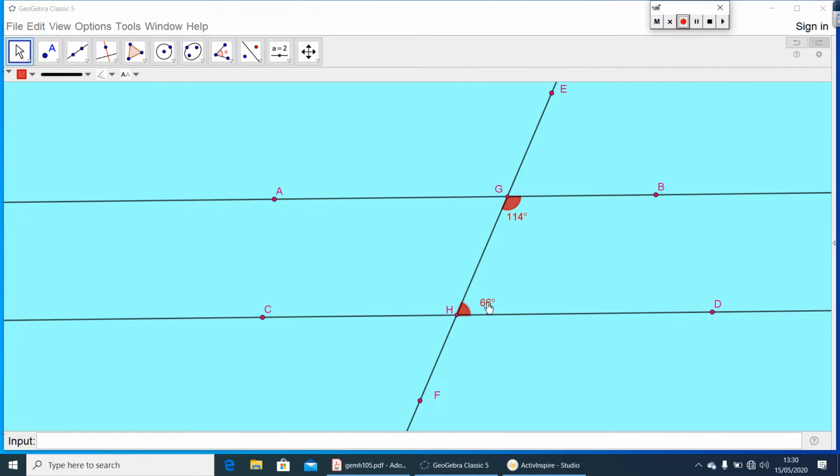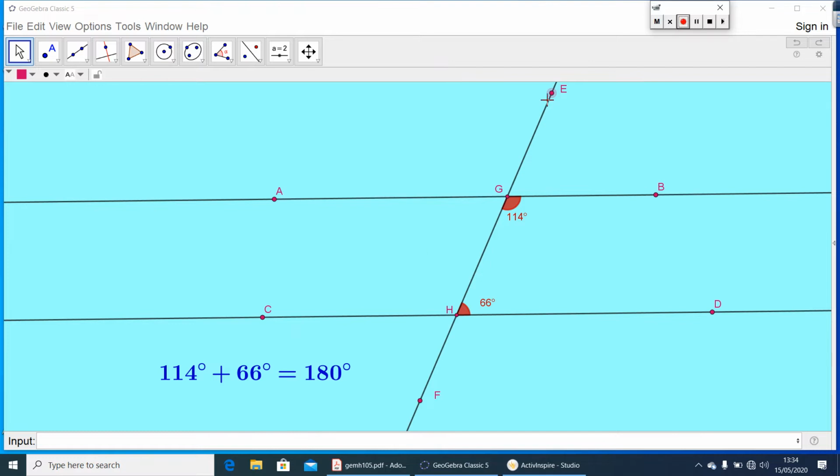Are they equal? No. It is 114 degrees, 66 degrees. Now you add these two angles. What answer will you get? 114 plus 66, you will get 180 degrees.